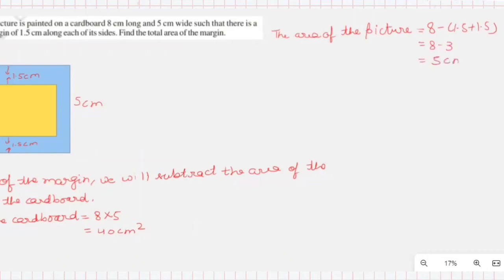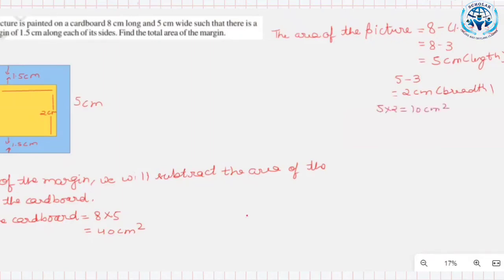Then we will multiply length and breadth. By multiplying length and breadth, we get the area of the picture as 10 centimeters square.